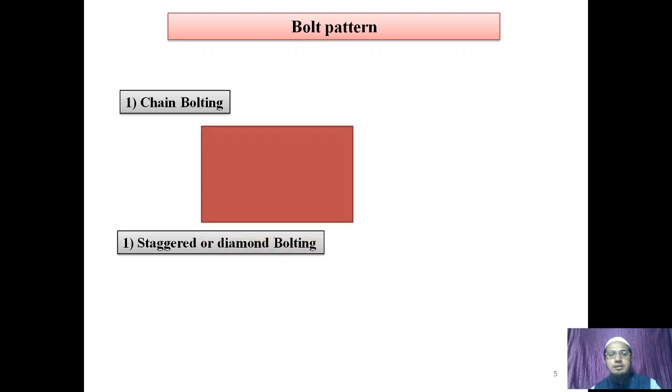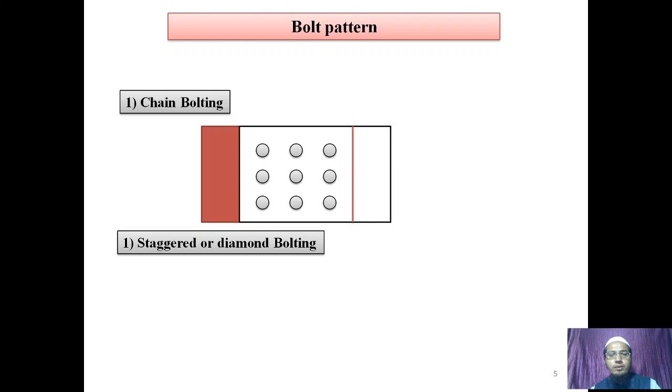Suppose a plate is connected to another plate by means of bolts in a row. You can see here that all the bolts are in a row. There are 9 bolts in the same line, in both the vertical and horizontal directions, that is, in the direction of the force as well as transverse to the force. Such bolting is termed chain bolting.